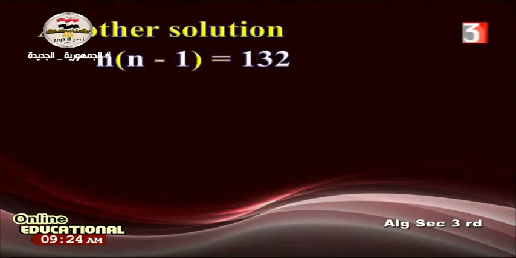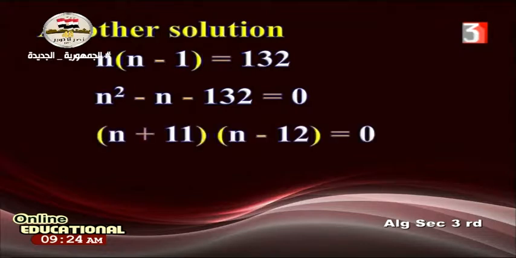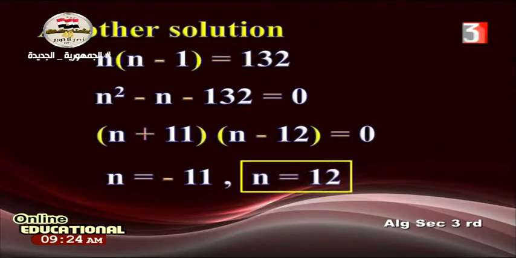As a solution, n multiply n minus 1 equals 132 by using factorization. n squared minus n minus 132 equals 0. Factorize: n plus 11 multiply bracket n minus 12 equals 0. Therefore, n equals negative 11 and n equals 12.